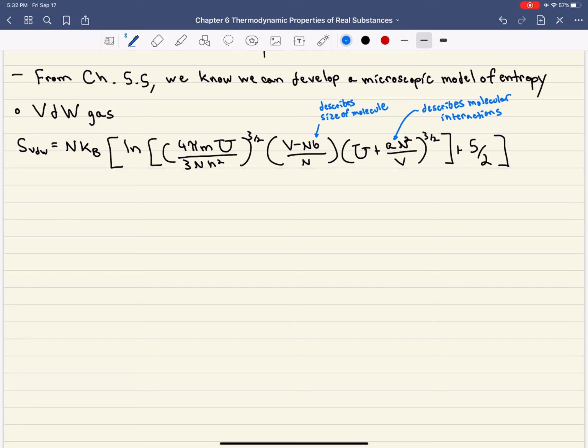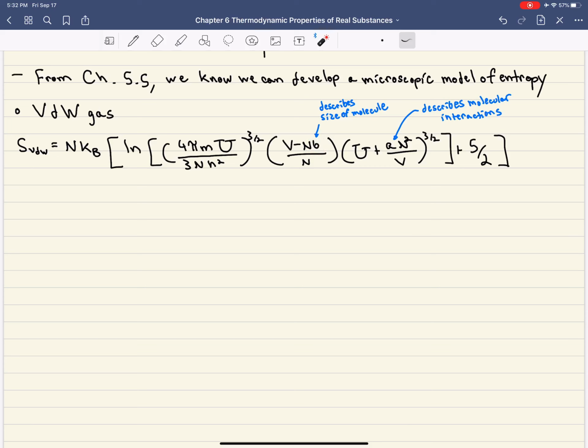From this entropy model, if we wanted to gain insight into how big the gas molecule is, or how these gas molecules are interacting with one another, we would want to be able to measure what b and a are.